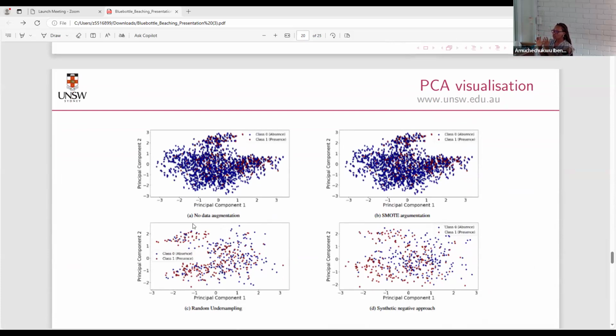If you look at this without augmentation, you could see that there are no clusters. The reds are not clustered together, the blues are scattered everywhere, interwoven within each other. Similar to that, we're checking whether there could be clusters, because when there are clusters, it shows that there could be a clear line of decision boundary.